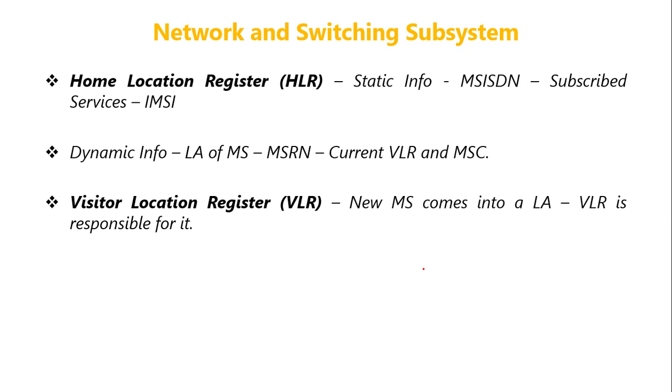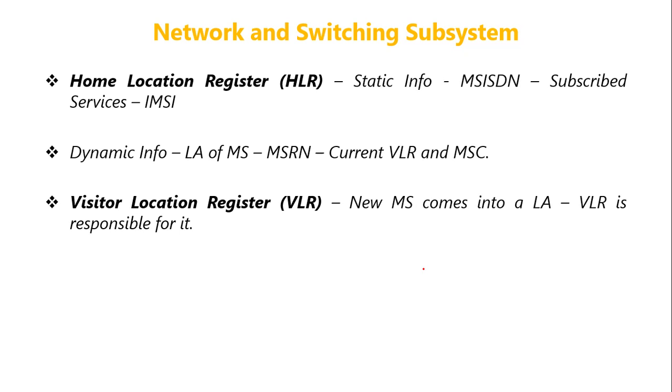Some VLRs can even manage up to 1 million customers. The database is that huge. So this is the brief introduction about the network and switching subsystem. It contains centers like the MSC, mobile service switching center, and two main registers, the home location register and the visitor location register.